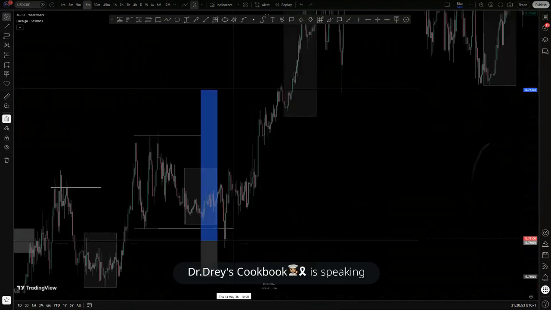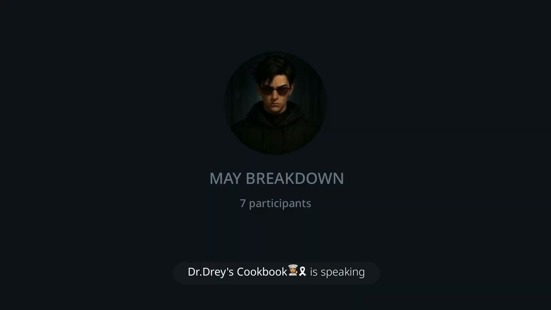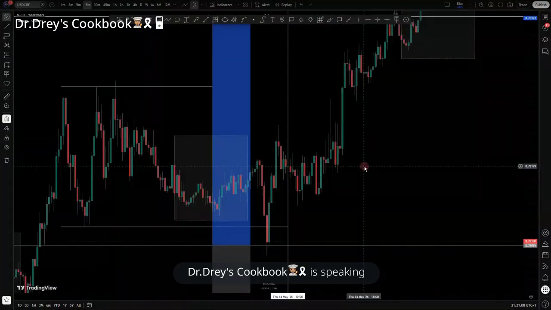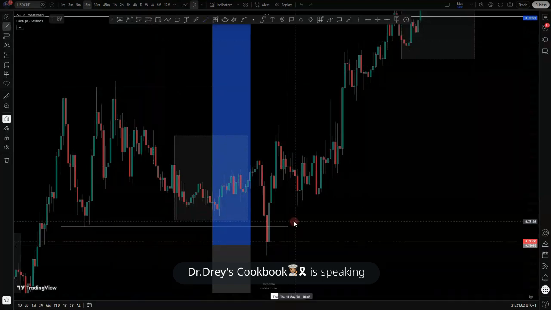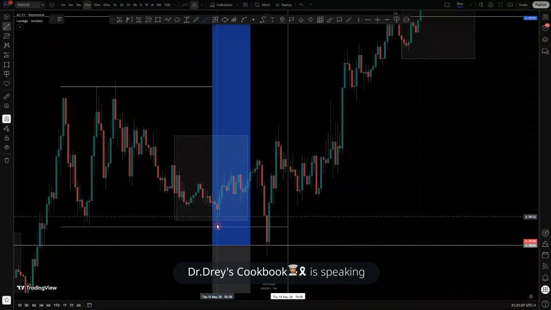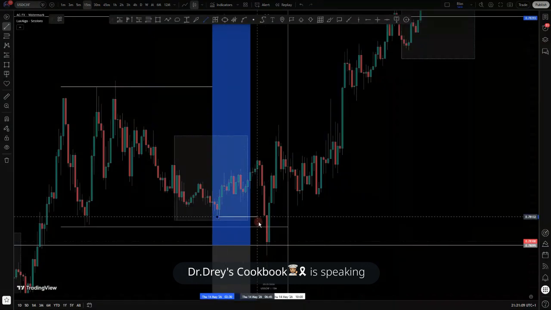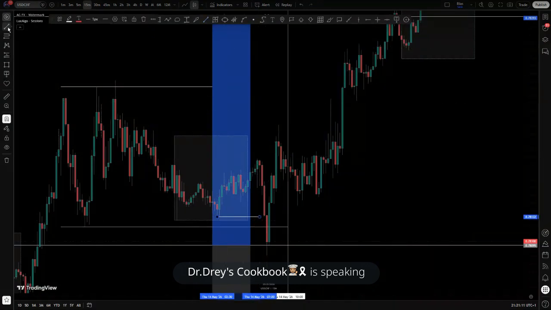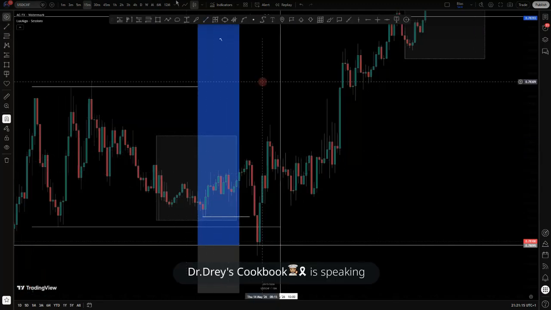Good, very, very interesting. I think I shared this particular entry with everyone here. So this was what we had. We had sweep of this liquidity and a break of this structure here. What was I even using? I think I used line chart. Yes, it was a line chart.